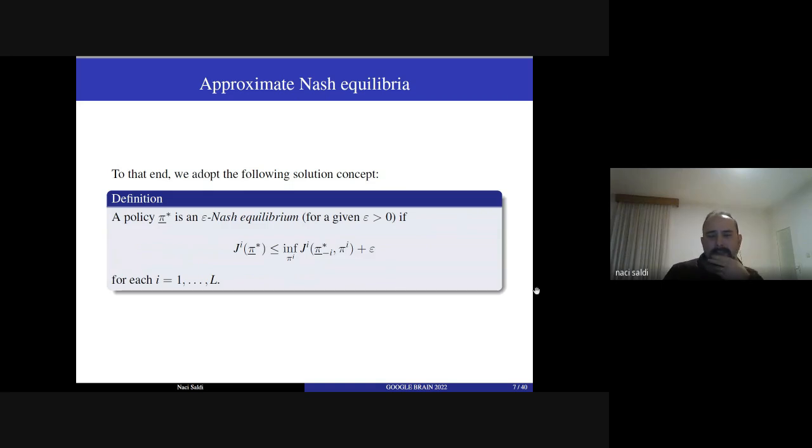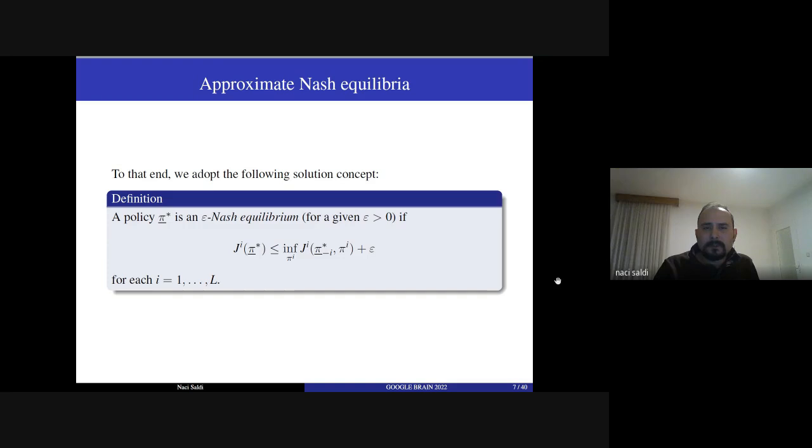This inequality says the following: the equilibrium policy for each agent is epsilon optimal given the policies of other agents at equilibrium. So here in epsilon Nash equilibrium, instead of optimality, we require the epsilon optimality of the policies in the equilibrium.